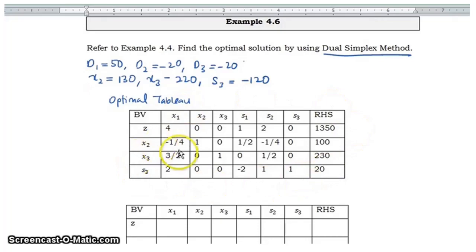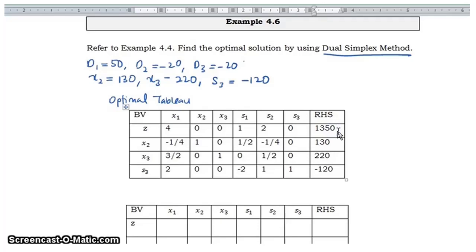From this optimal tableau, we can see that the values of x2, x3, and s3 have been changed. Okay, from 100, x2 becomes 130, x3 is 220, and s3 is -120.